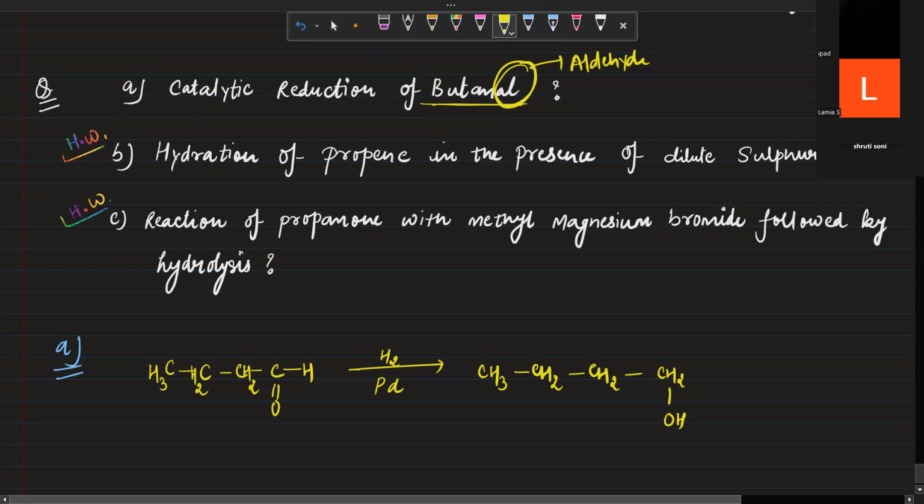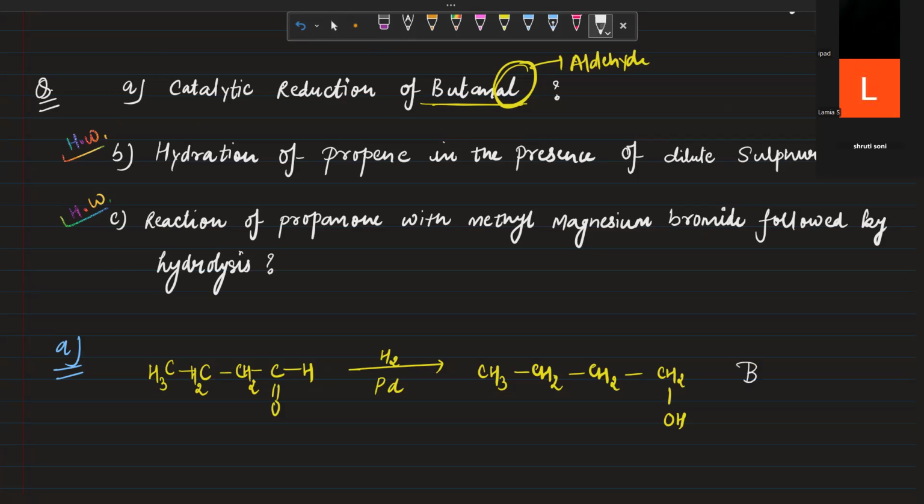Sure. So what is the IUPAC name of the product here? It's a four-membered butanol, right? One, two, three, four. So butane.